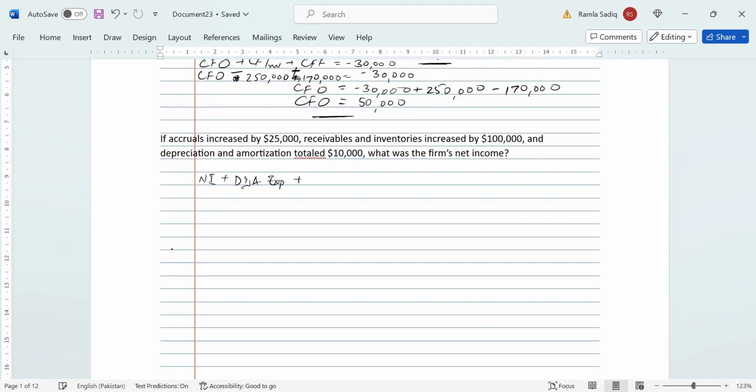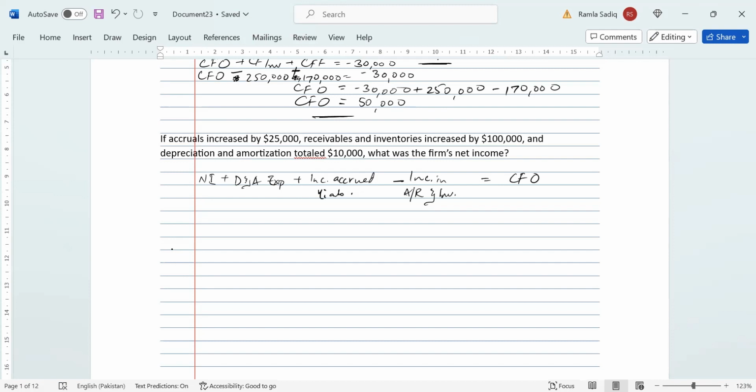We'd also add our increase in accrued liabilities because this is cash flow that we've not had to spend right now. And from that, we would subtract our increase in accounts receivable and inventory. And all of this is how we calculate our cash flow from operating activities.